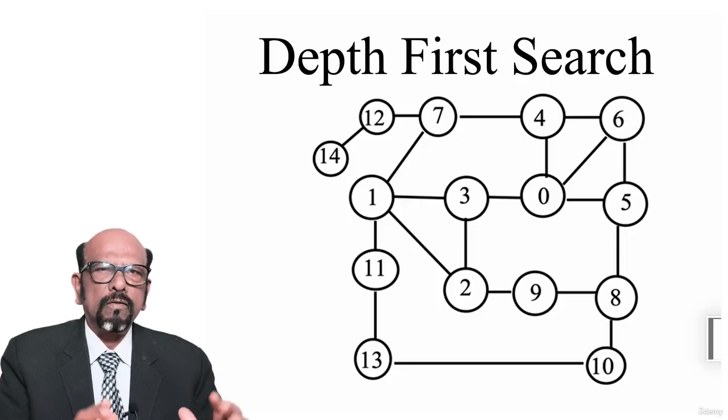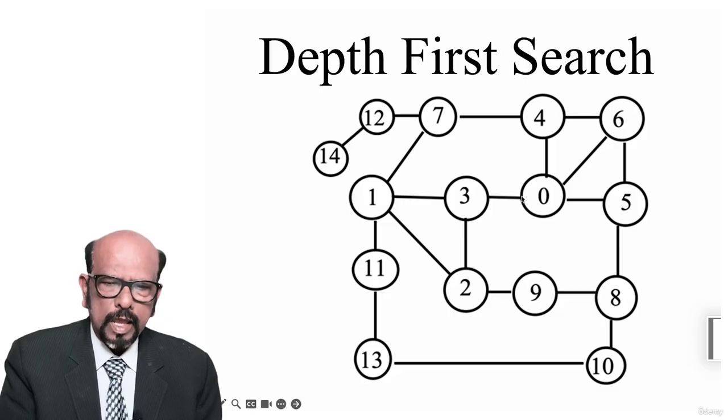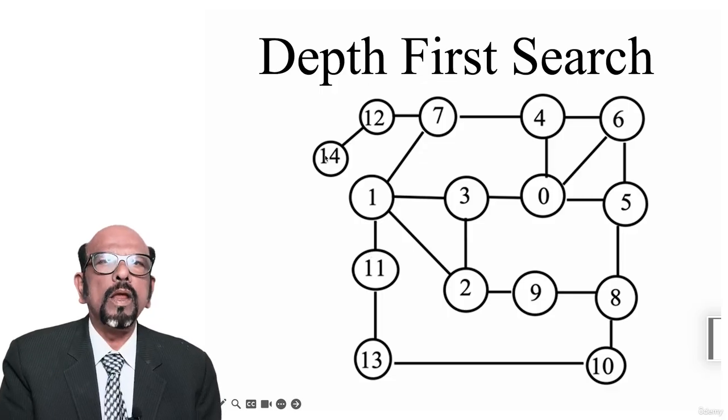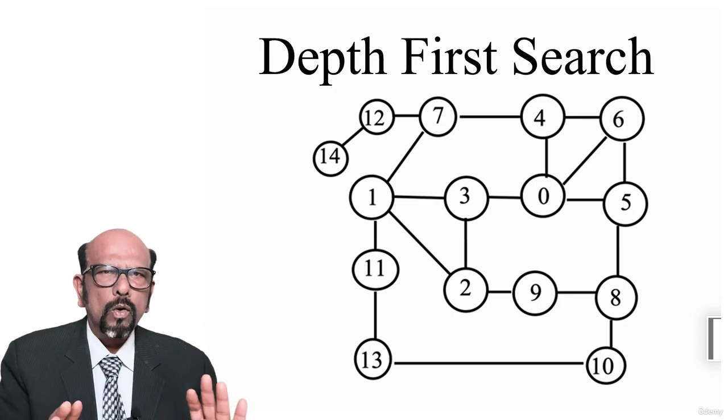Consider this graph. Here is a graph where you see that 0 is here, 1 is here, 2, 3, 4, 5, 6, 7, 8, 9, 10, 11, 12, 13, 14. So totally there are 15 nodes.